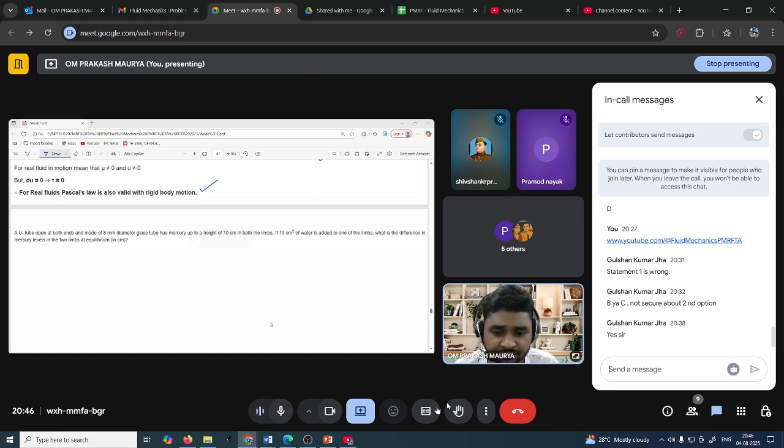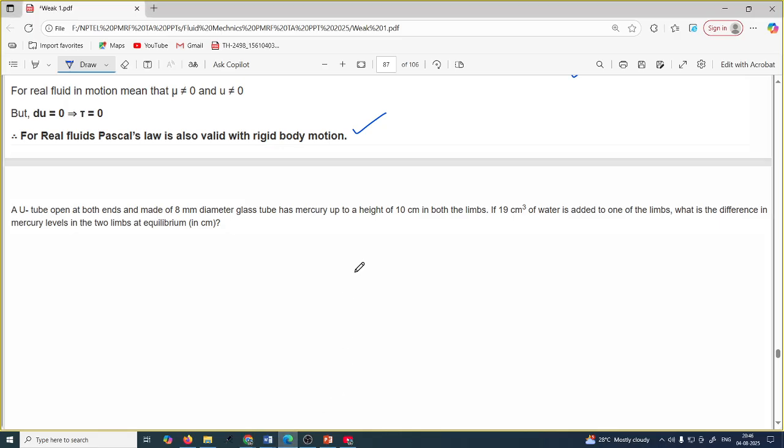Okay, let me just discuss. So here the condition is given. Remember two things. First you try to understand the question and then you try to solve. The first is the U-tube manometer. Here we have the U-tube manometer.